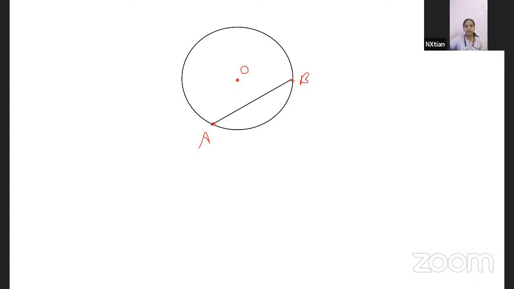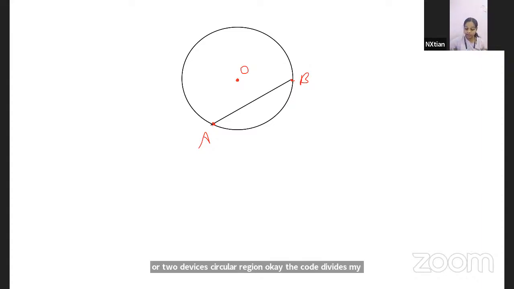Now, I have put chord AD in the circle. So now, again, the chord is dividing my circle into two regions. The chord divides my circular region into two parts.